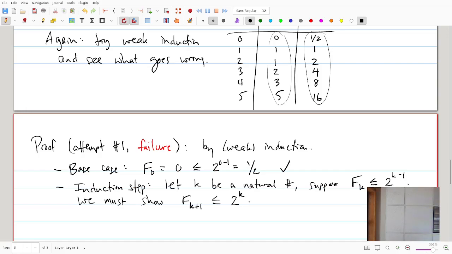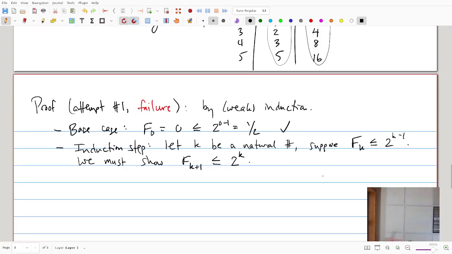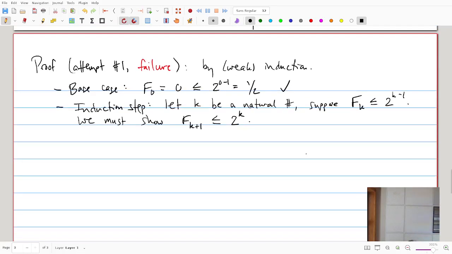Okay. Well, to show that something is less than something else, or less than or equal to, a good bet would be to use a similar technique that we've done a bunch before, where we start with the first thing, start with fk plus 1, and see if we can do some steps until we get it to 2 to the k.